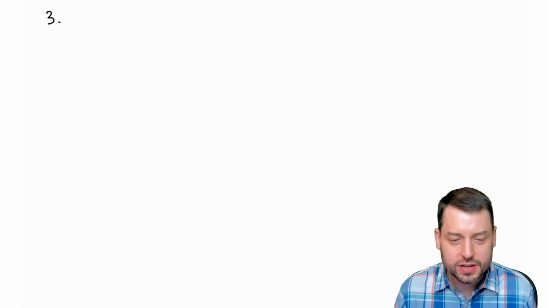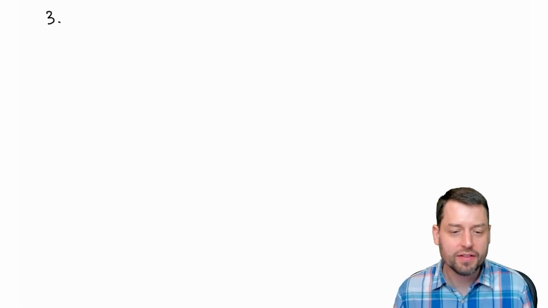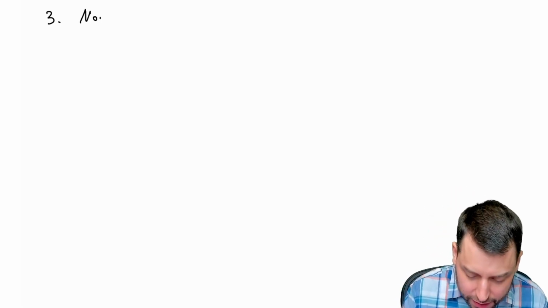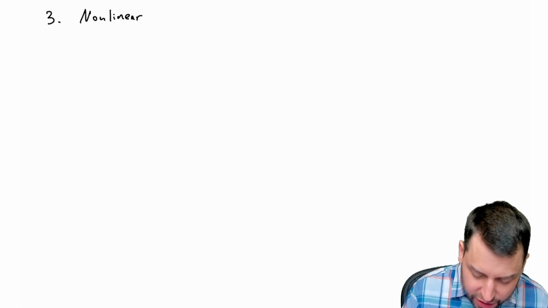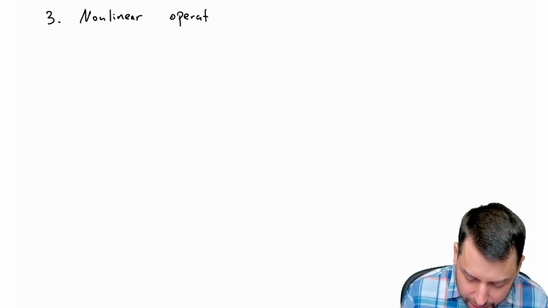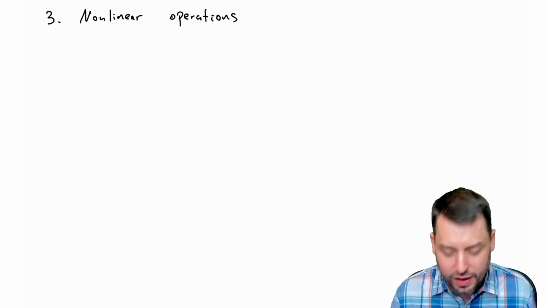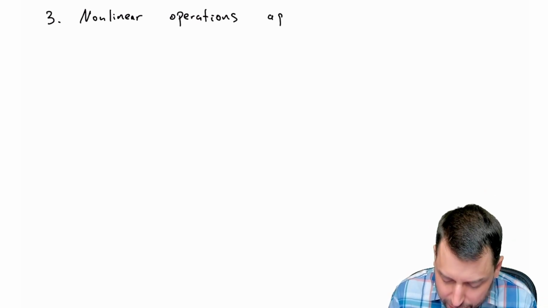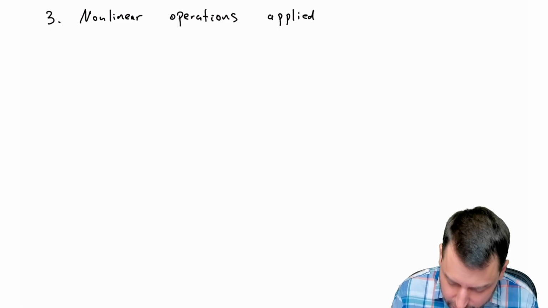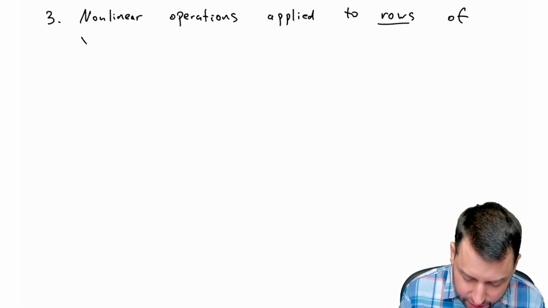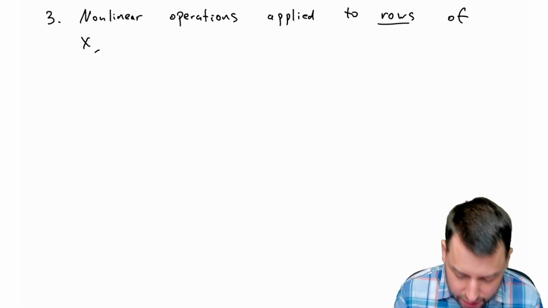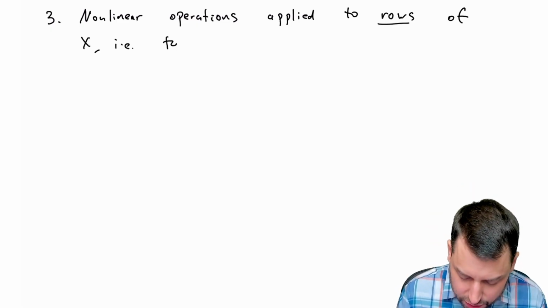And the very last element: these are neural networks, so they aren't just linear models. The last component we have is nonlinear operations. With few exceptions, but almost always, these are applied to the rows of X, i.e. to each element.